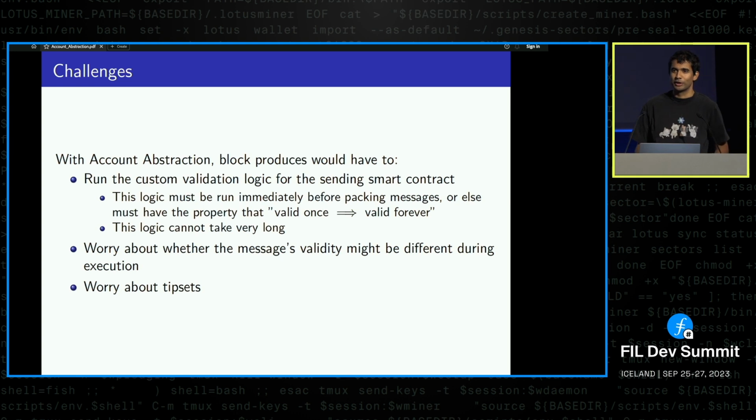Maybe this is getting a little too much into the details, but validation in Filecoin is split into syntactic and semantic validation, where syntactic validation is basically when you just looked at this block and its parent state, what did you know about it? If the miner knew that this was a bad message at the time of its inclusion, then that miner should never have included that block, and that's an invalid block.